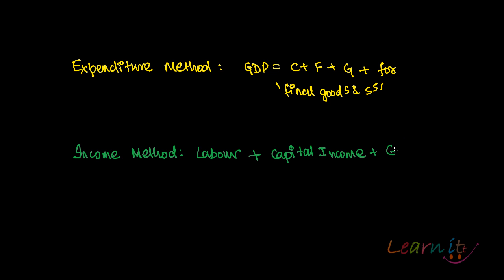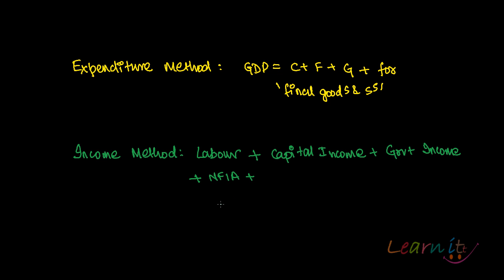Then government is making some amount of income in the form of taxes, sales taxes. Then net factor income from abroad. You are adding income of the nationals of your economy working abroad.